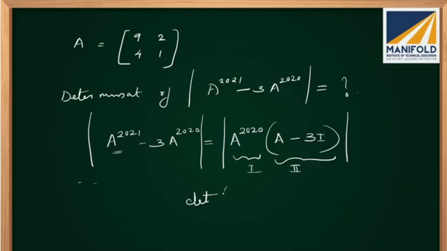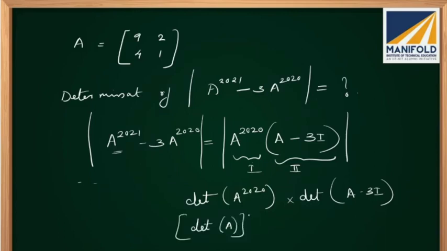So I can write determinant of A to the power 2020 into determinant of A minus 3I, because that is a product of two matrices. Now determinant of A to the power 2020 is nothing but determinant of A whole to the power 2020, right? Into determinant of A minus 3I. This is what I need.